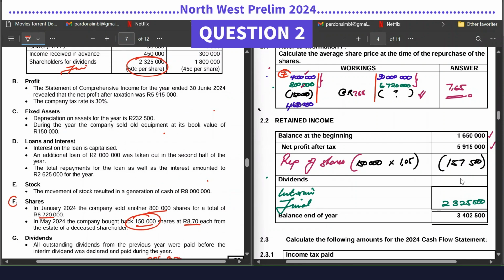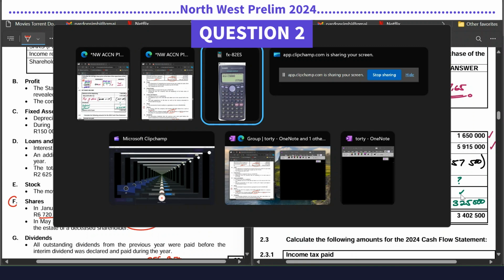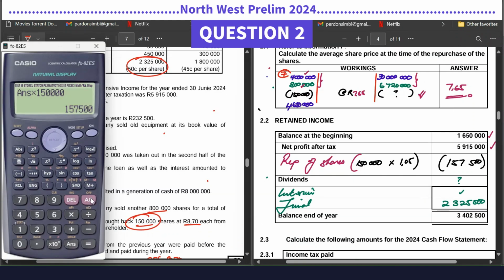Let's have your calculators ready. On my calculator, I'll start with the 1,650,000 at the beginning. Then I'm going to add my net profit after tax, which is 5,915,000. Are we still okay?